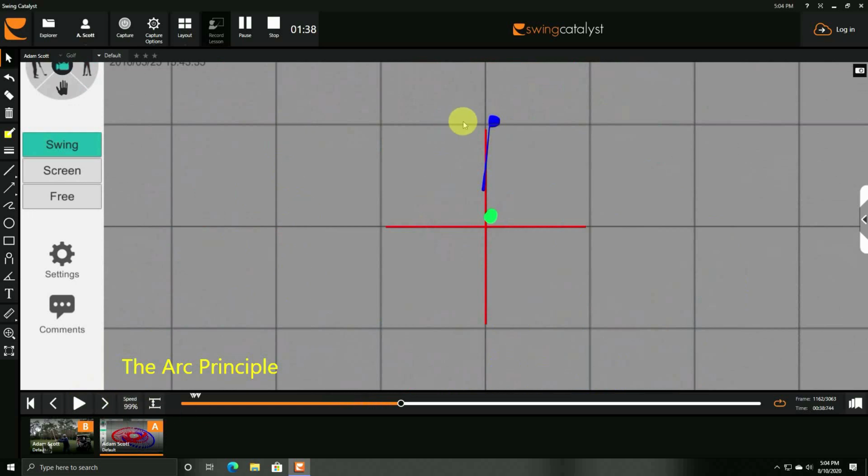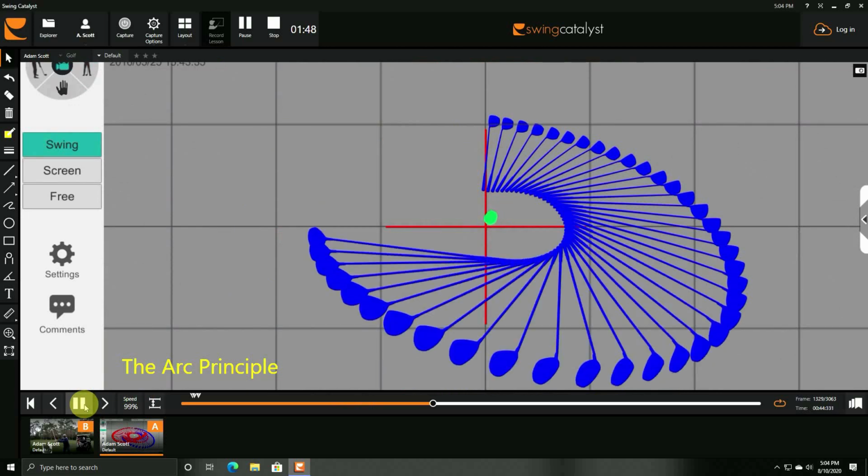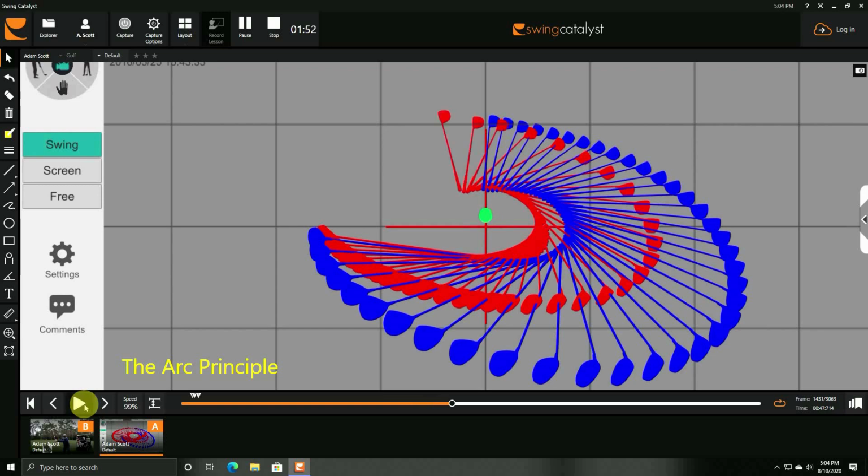So this line here is the target line, obviously where the club is starting at address. So now we can see the width principle here, but also there's different depths of the golf club as it goes up and down, okay?